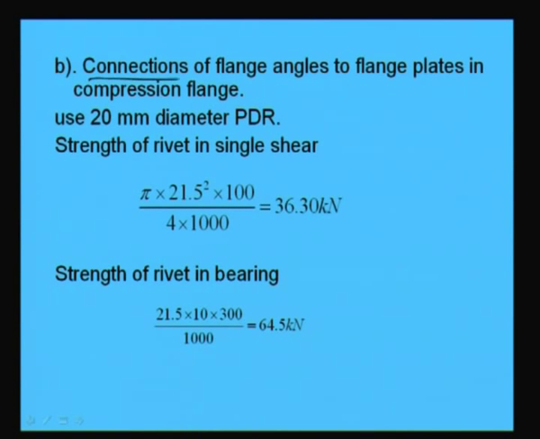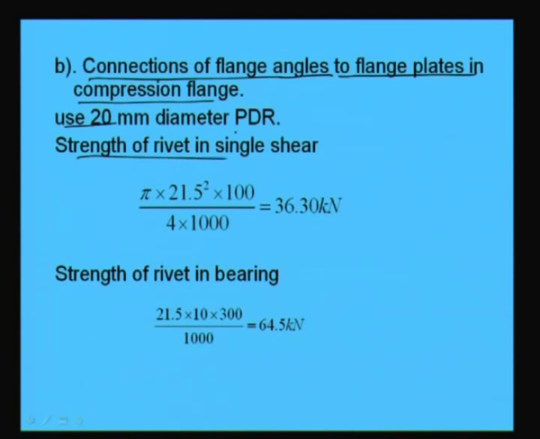Now, we will go for connections. Connections of flange angles to flange plates in compression flange. Let us see how to connect flange angles to flange plates in the compression flange. In this case also let us use 20 mm diameter power driven rivets.